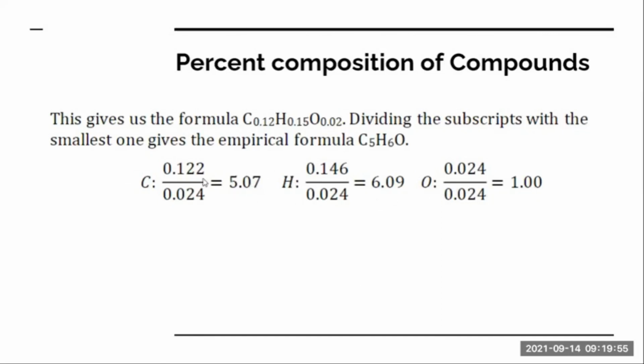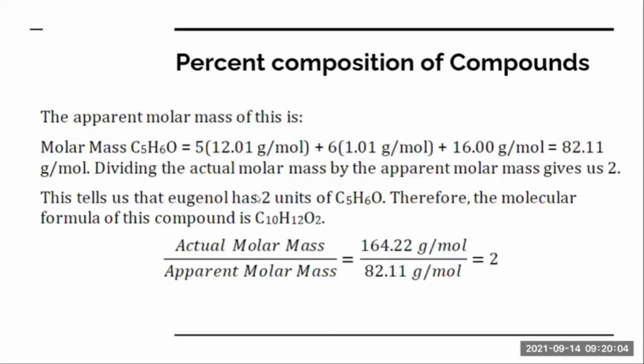This is plausible to be rounded off. So we will have C5, H6, and O1. C5H6O1. Okay?